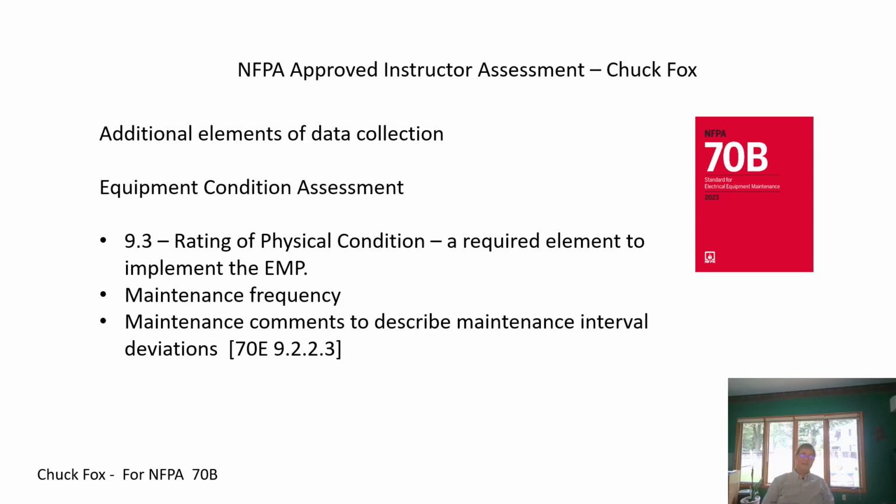Additional elements that the 70B standard calls for are what I'll call additional field definitions. One of them, of course, is the physical condition rating, because that's a key element within the operation of Chapter 9.2.2, the entire maintenance interval discussion. So we need to establish a place to document that for every component within the electrical maintenance inventory.